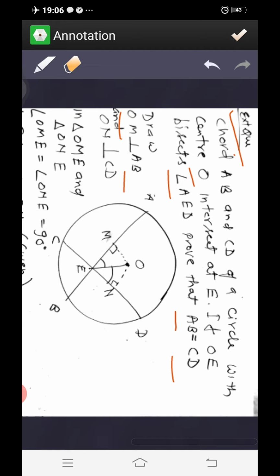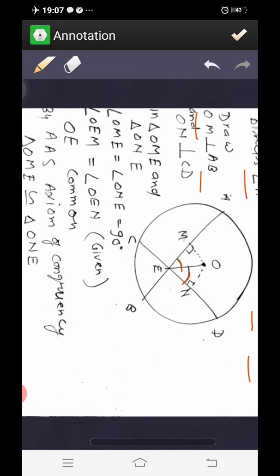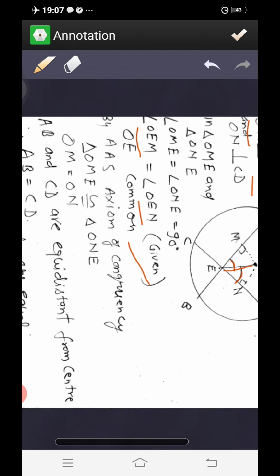Similarly, angle OEM equals angle OEN. This is given. OEM equals OEN, given, and OE is common. So by the AAS axiom of congruency, triangle OME is congruent to triangle ONE.